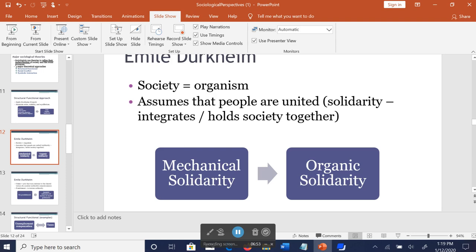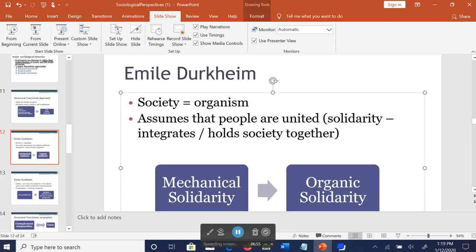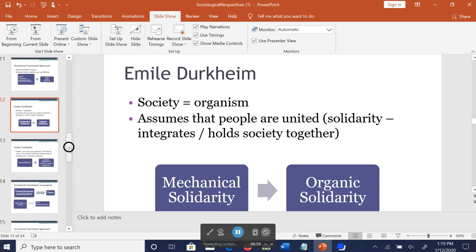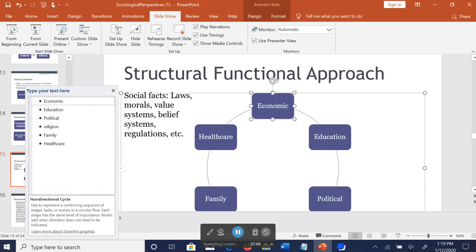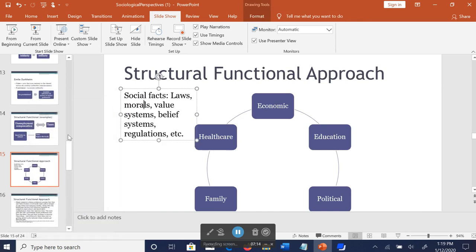So, he views society like an organism with different functions. All these functions played by different entities keep society running smoothly through social facts.